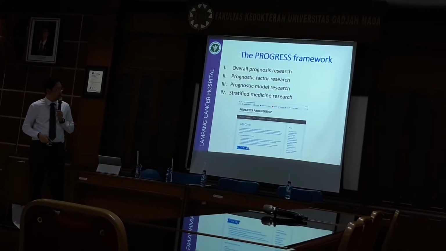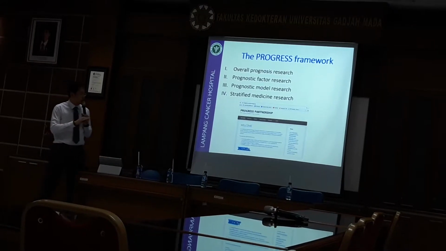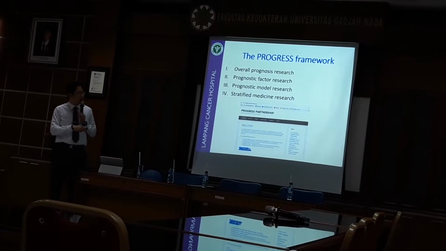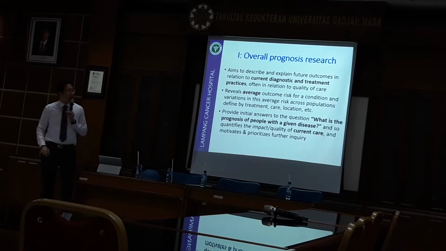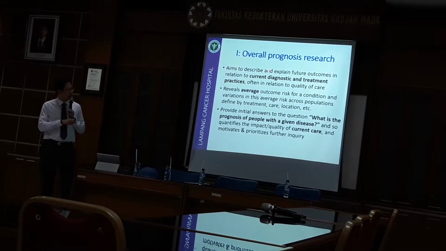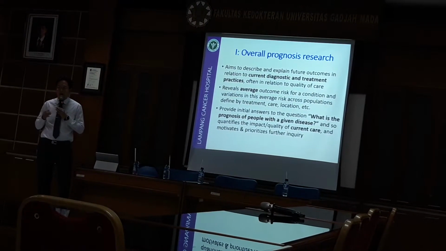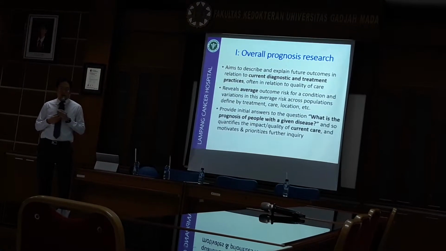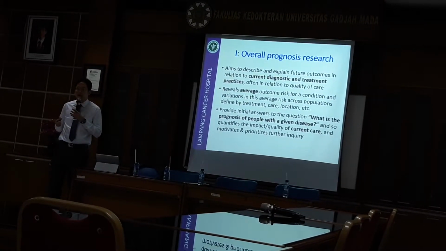Okay, and there are 4 types of prognosis research. I will go one by one. Okay, the first one is overall prognosis research. It describes the future outcomes given current diagnosis and treatment. What is the 5-year survival of breast cancer patients in Yogyakarta?